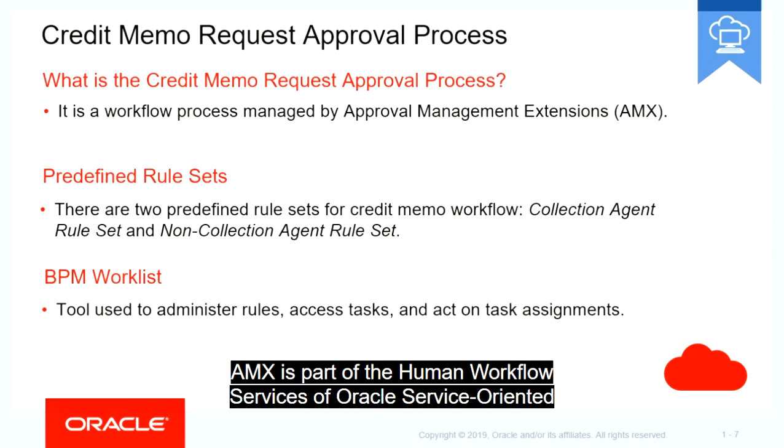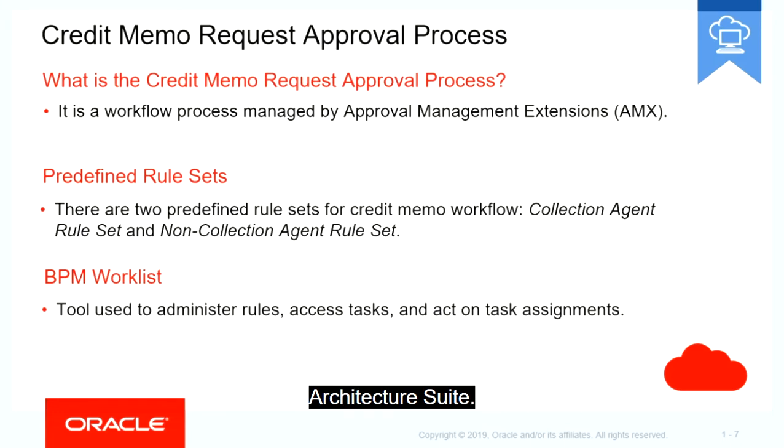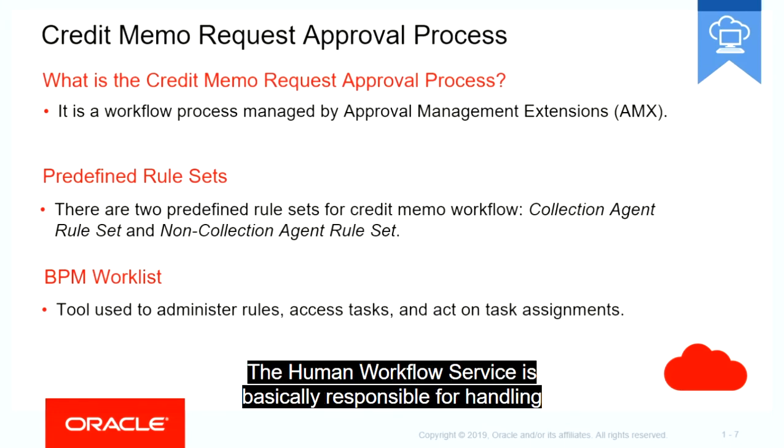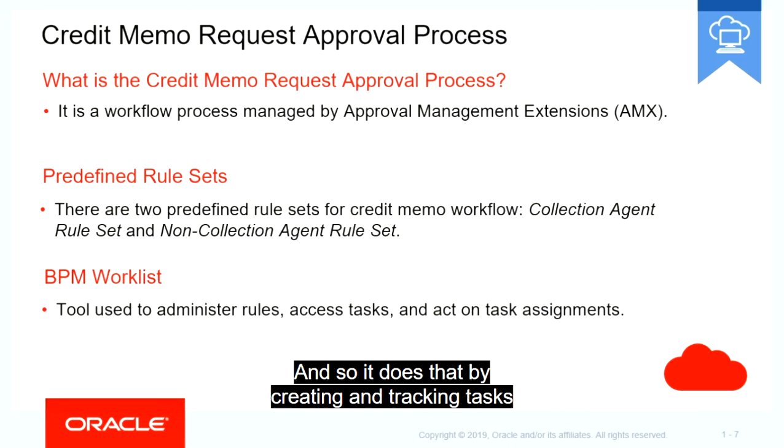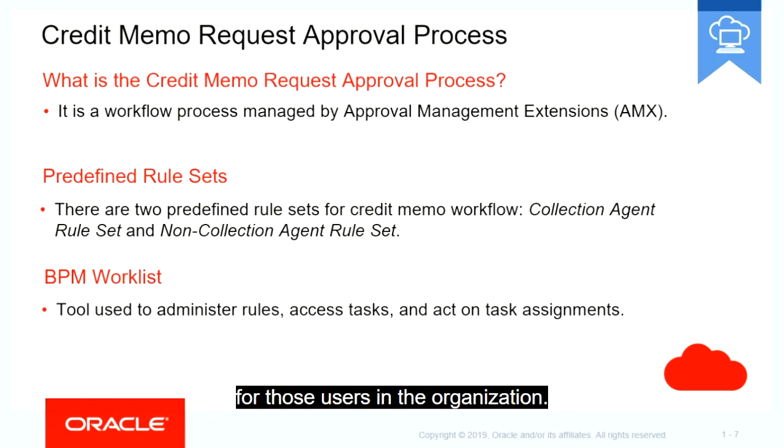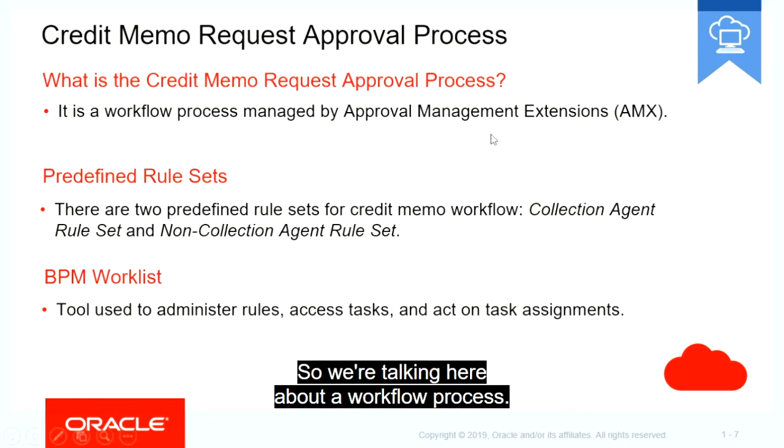AMX is part of the Human Workflow Services of Oracle Service-Oriented Architecture Suite. Now, the Human Workflow Service is basically responsible for handling interactions with users or groups that participate in the business process. And so it does that by creating and tracking tasks, you know, for those users in the organization.